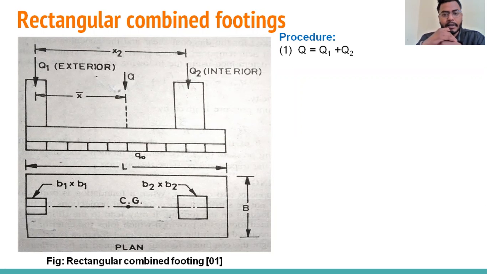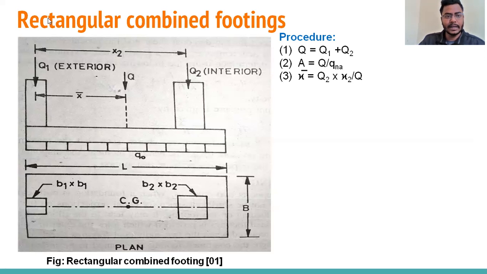So we can calculate the total or resultant load Q. Next, we can calculate A, the required area. Here A is the required area. We can calculate it as Q by QNA, where QNA is the allowable soil pressure.